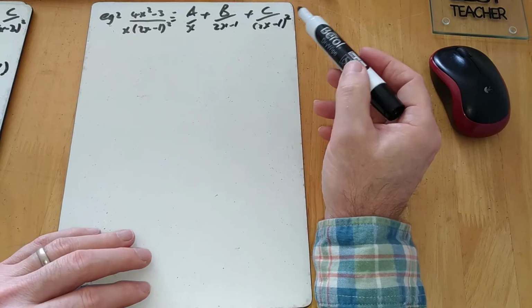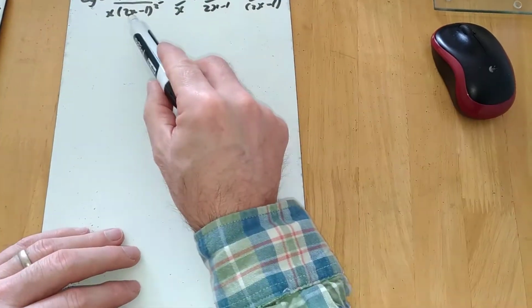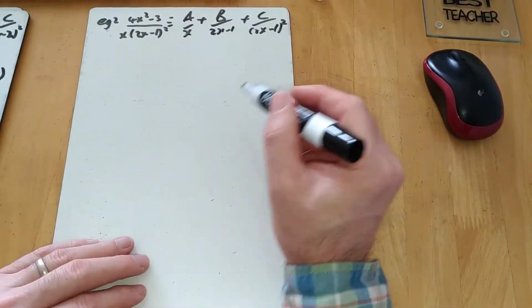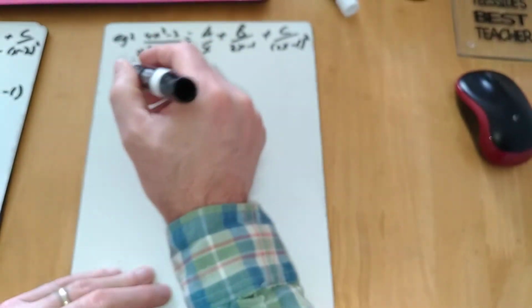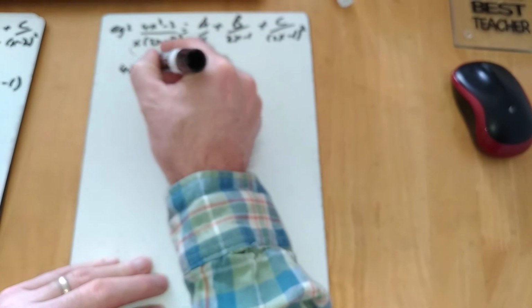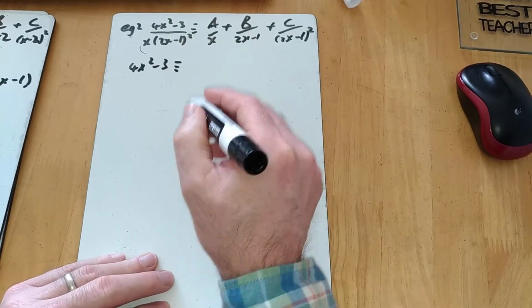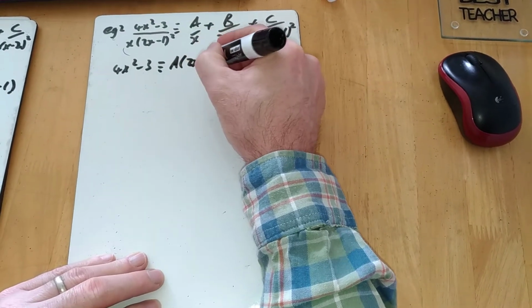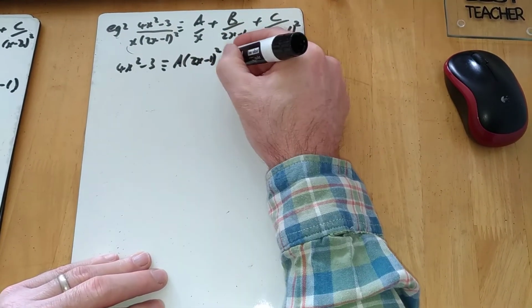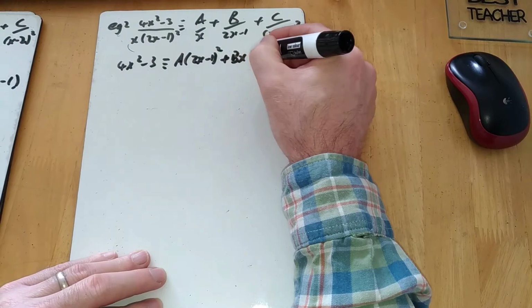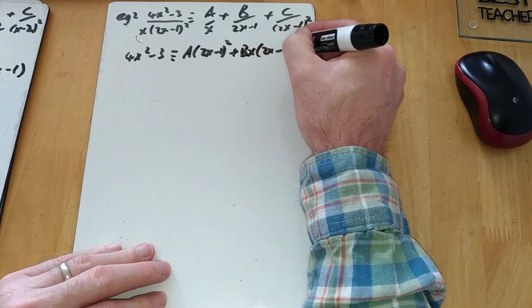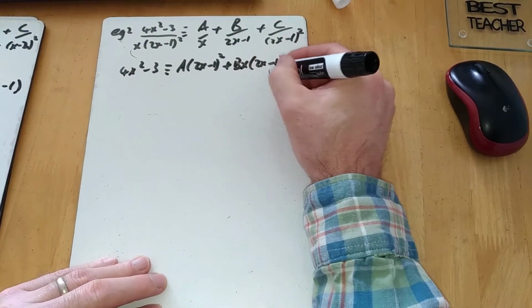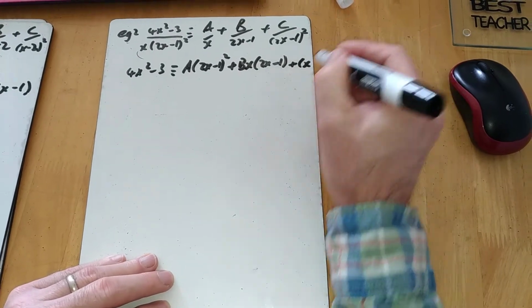The only slight issue as I do this is that I've got fractions for x, so I've got to be careful with it. Same deal: get rid of the denominator, multiplying by the common denominator to get 4x squared minus 3 is equivalent to a, where I've got the x but not the bracket squared, plus b, where I haven't got an x and only one of the brackets so I need another one, and then plus cx.